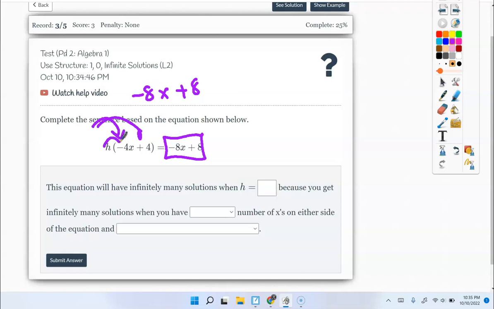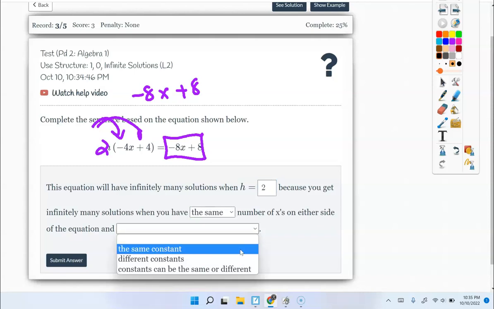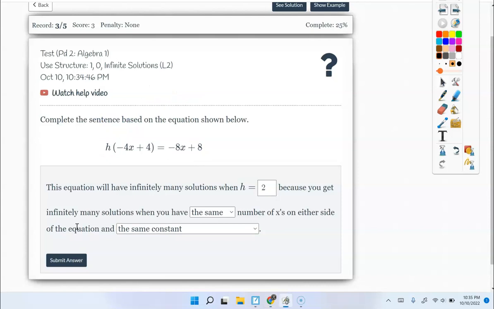So I need to distribute something here that will make this turn into a negative 8. And that would be a 2. So the only number that will work to give me infinite solutions is if h is 2. And that's because I need to have the same number of x's and the same constants.